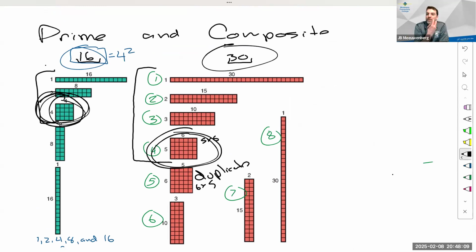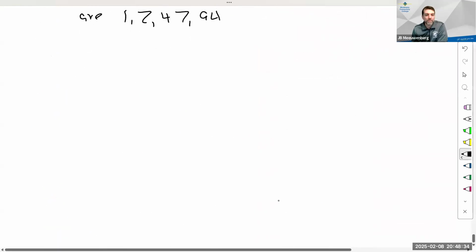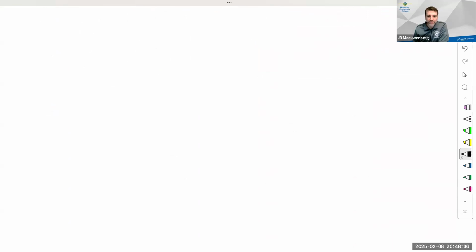If we're looking at the squarest version, what would be the dimensions of that? Here, obviously 30 is not a perfect square, but 6 times 5 is really close to 6 times 6, which would be greater than that. So one of your side lengths is always going to be less than 6. That's kind of the key idea there. Okay. And again, we're going to come back to that in some later discussions in this video.